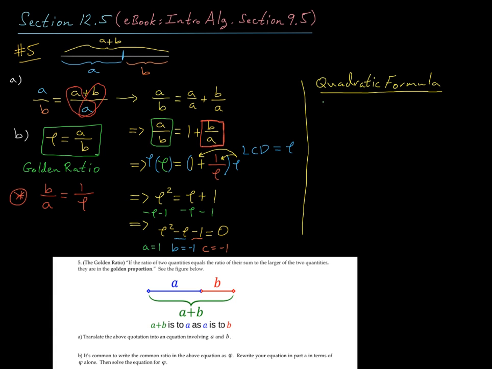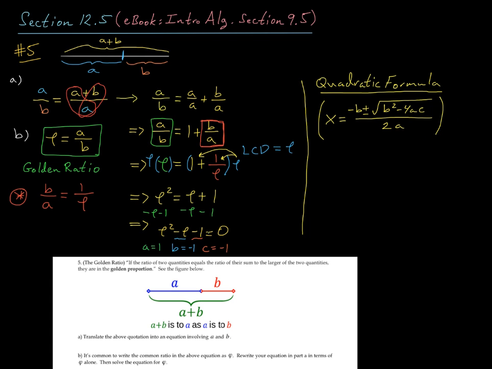Remember, the quadratic formula looks like this. It says x is equal to the opposite of b plus or minus the square root of b squared minus 4ac, all divided by 2a.